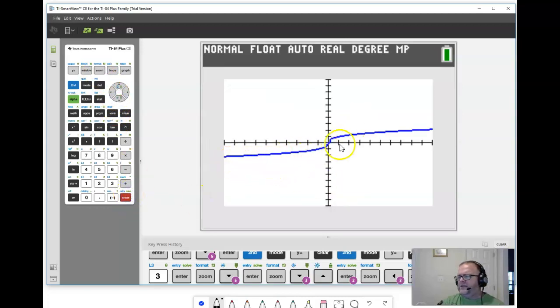If this was reflective across the y-axis, then it would look like this. It would be like the y-axis was a mirror. So it's definitely not, because your line would be up here, or it would be all the way down here. So we know it's not reflective across the y-axis. Same thing with the x-axis.